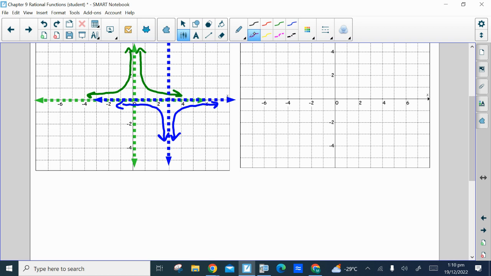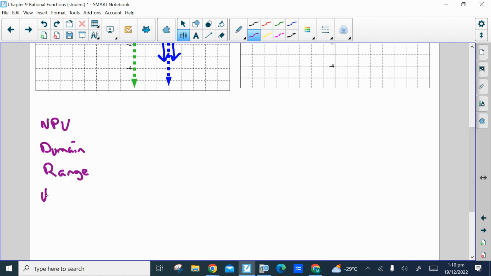And once again, if we talk about the characteristics and non-permissive values, the domain, the range, as well as our asymptotes, vertical asymptote and horizontal asymptote.